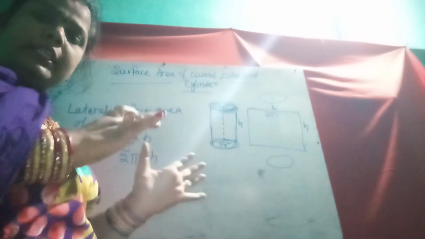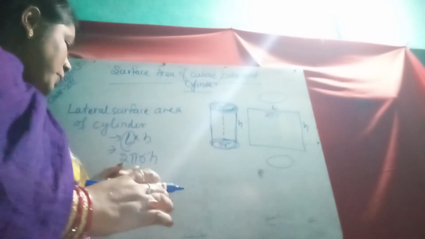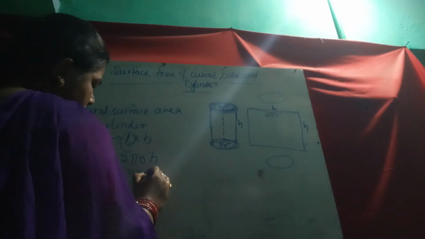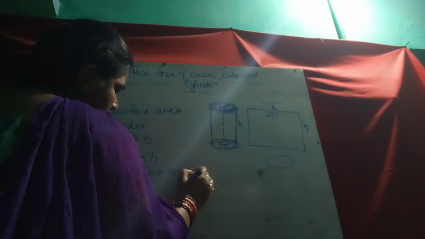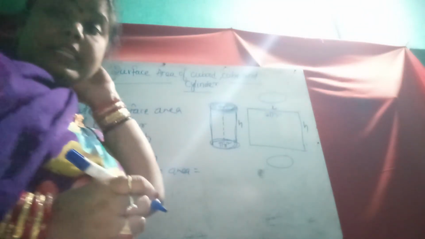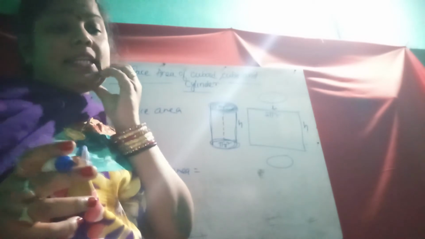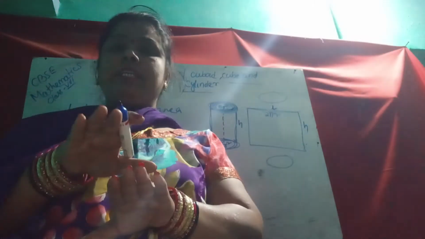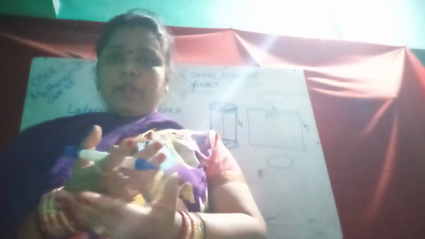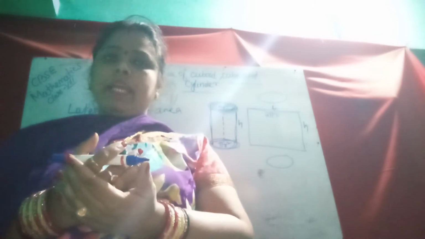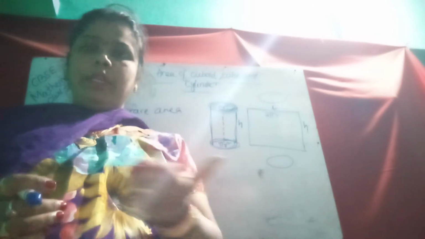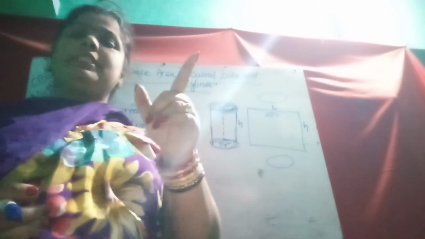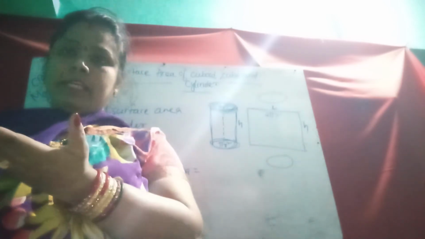All formulas are derived from the rectangle. So 2 pi r h. But complete surface area means, first, lateral surface area is 2 pi r h. Then the cylinder's top part is pi r square, because it is a circle, and below also is a circle. The area of the circle is pi r square.